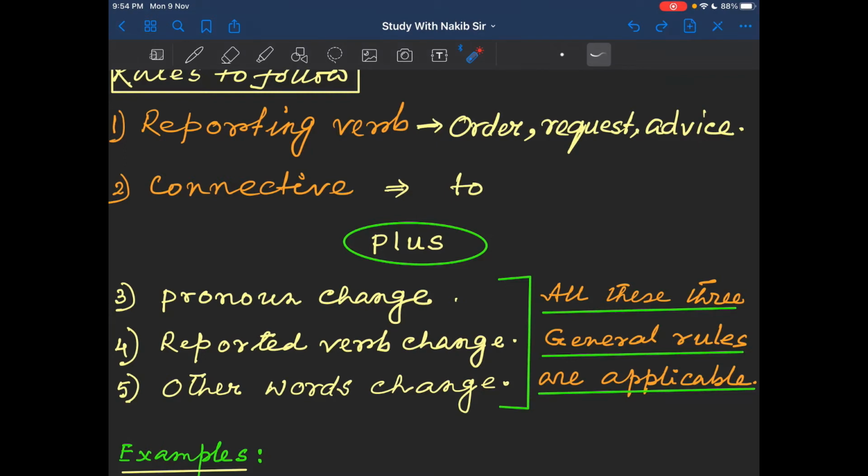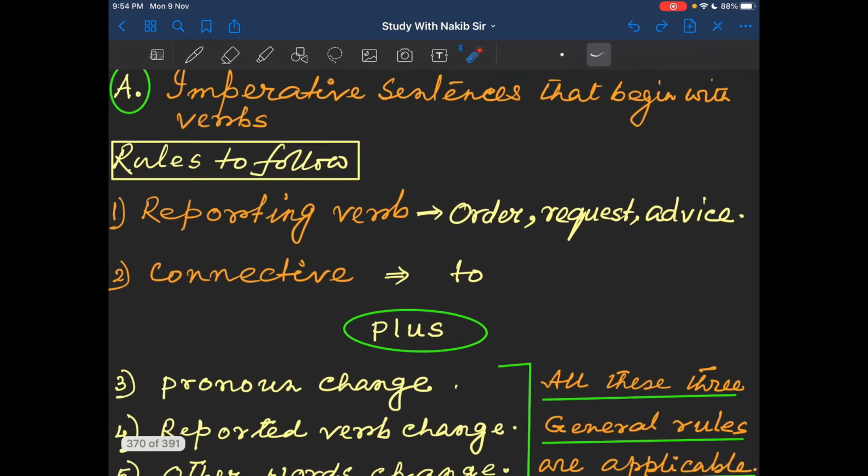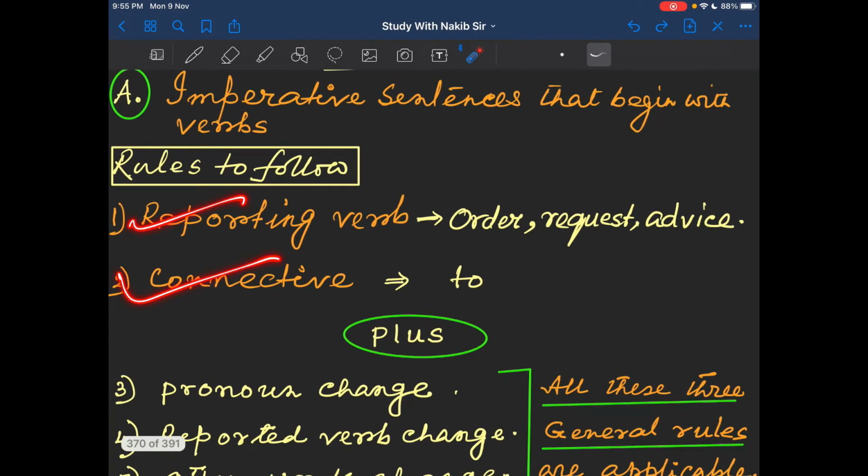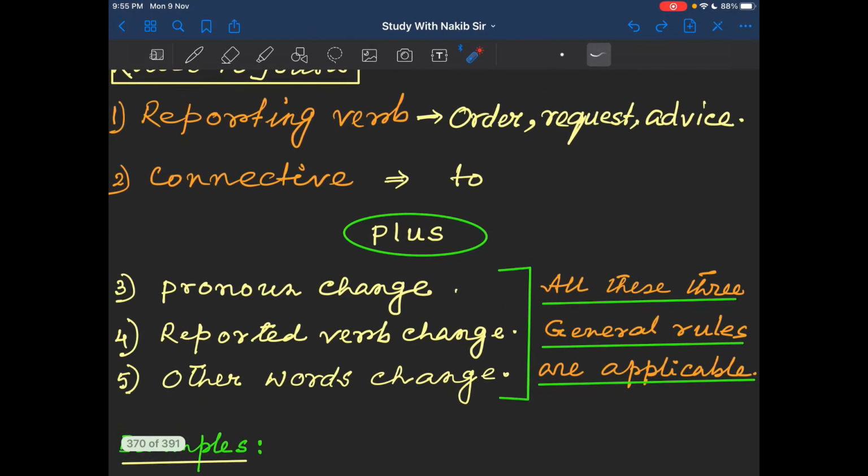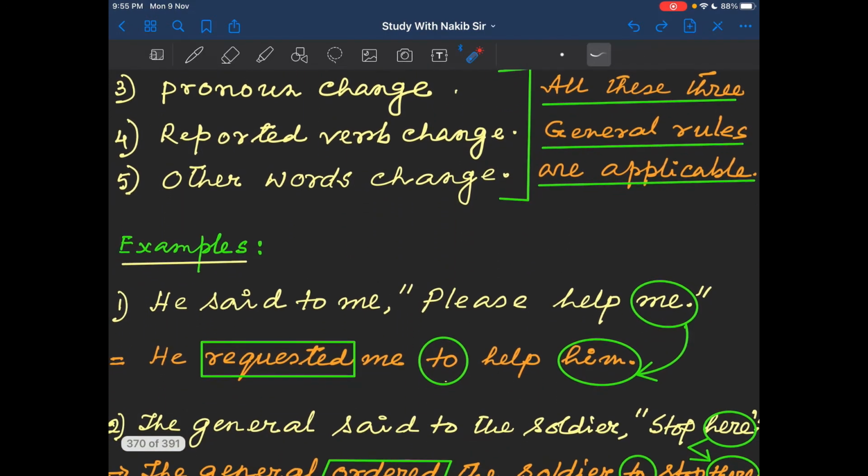The first general rule is the rule about the pronoun change, the second is about the change of the reported verb, and the last general rule is about the change of other words in the indirect narration. All these three general rules are applicable along with these two particular rules. Okay, now see the examples.